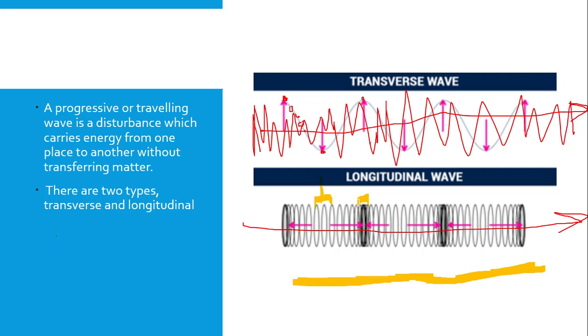These are the areas that are created in longitudinal waves. Similarly, there are some areas like this one above the neutral line, and this one below the neutral line. These are some characteristics of longitudinal and transverse waves, and we're going to talk about them.